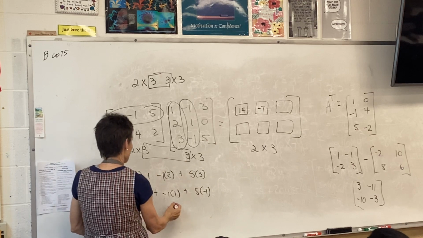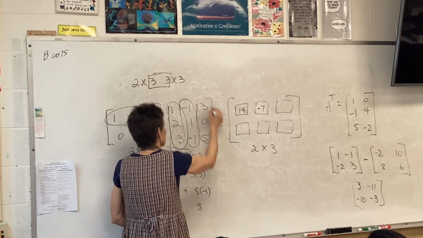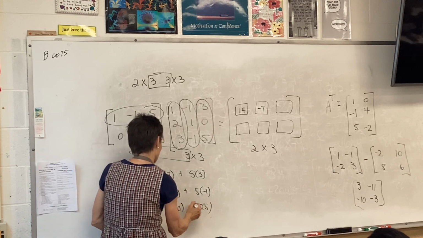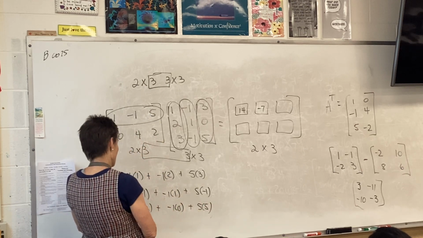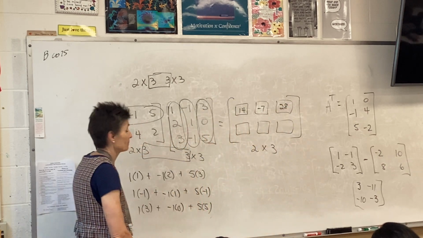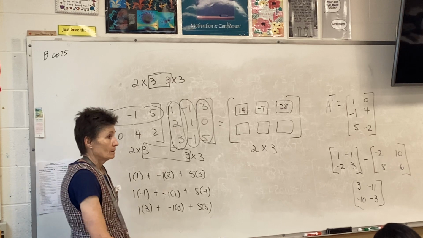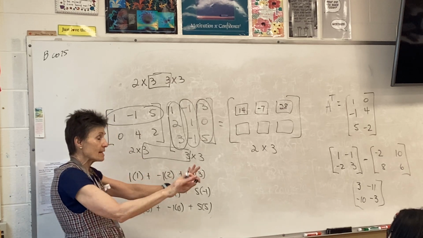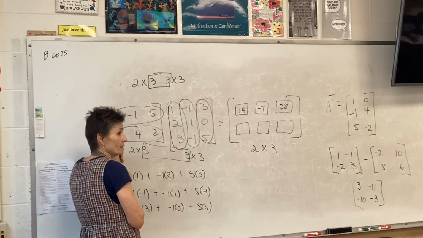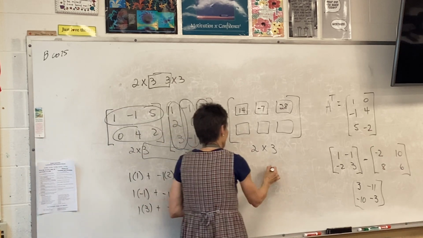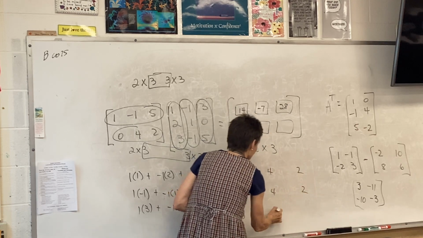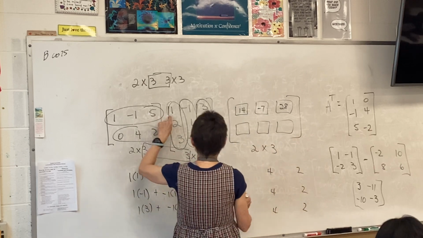We take our 1, -1, 5 times this column. 28? Now we do exactly the same thing, but instead of using 1, -1, 5, we use 0, 4, 2. So 0, 4, 2 times the first column, the second column, and the third column.